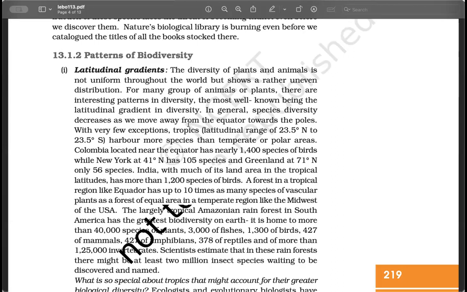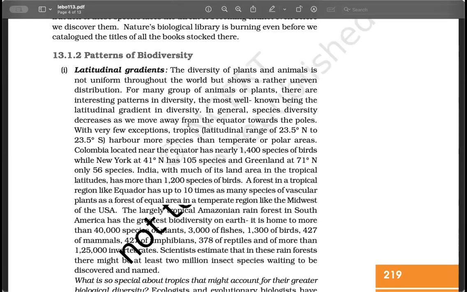So in general, the tropical. The trend is that the diversity of species decreases as we move away from the equator and go towards the pole. If you go towards the southern pole, near Antarctica, you won't find many small organisms.